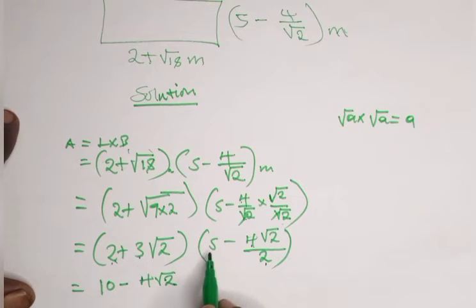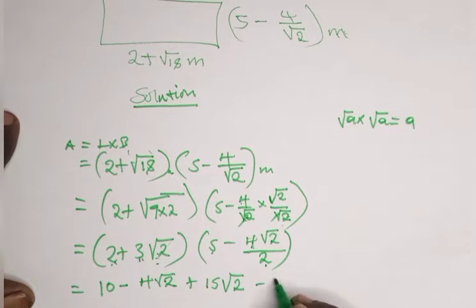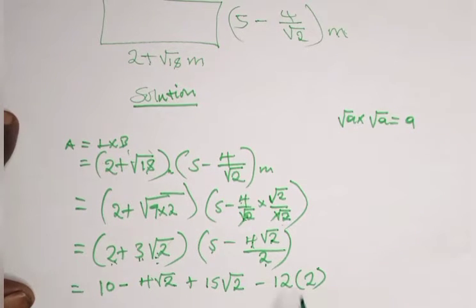Then 3 times 5 is plus 15 root 2. Then 3 times 4 is 12, open bracket, square root 2 times square root 2 is 2, close, over 2.